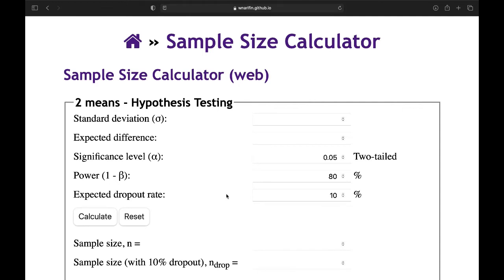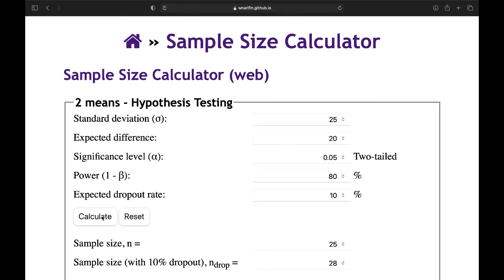Let us say that the difference between the biomarker levels is, I am assuming here, 20 units, a mean difference of 20 units, and let us say the pooled standard deviation of those two means is, let us say, 25, right? And type 1 error I have kept as 5%, power as 80%. I will hit calculate. It gives us the sample size. So let it be proportion, let it be numerical data.